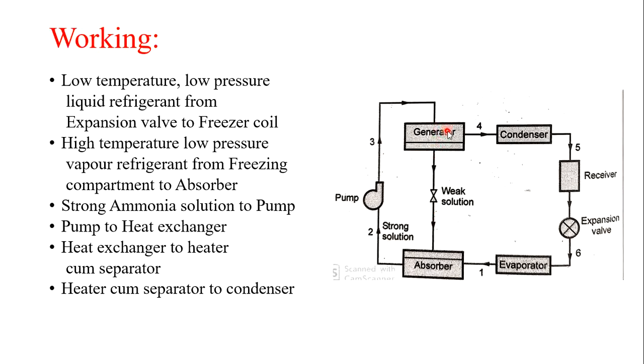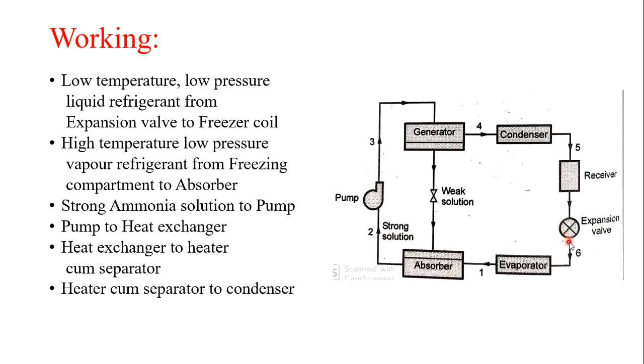The ammonia vapor from this generator is passed towards the condenser. When ammonia vapor enters the condenser, due to condensation process, it changes its state from vapor to liquid. The liquid ammonia from the condenser is passed towards the expansion valve. When it enters the expansion valve, due to throttling process, it reduces both pressure and temperature of the ammonia.